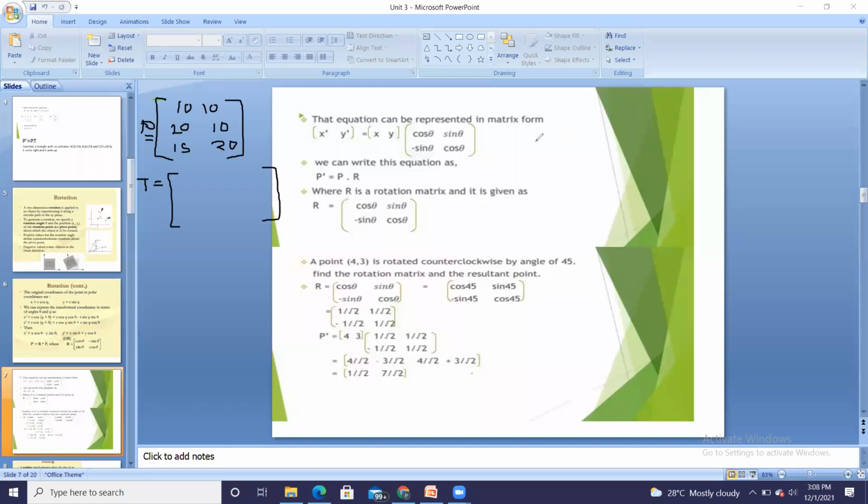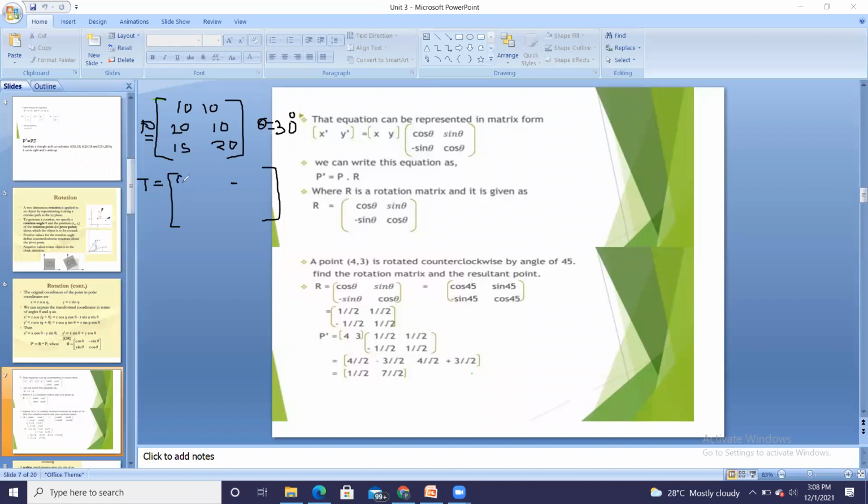What is given in the problem? What is the angle of rotation given? The angle of rotation theta is 30 degrees, and the direction of rotation is clockwise, right? So whenever it is a clockwise movement, the minus sign comes over here.